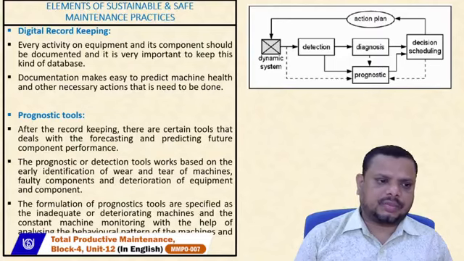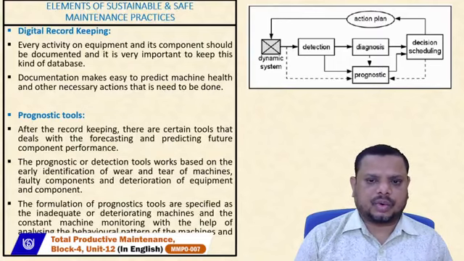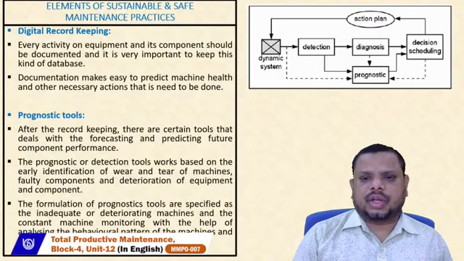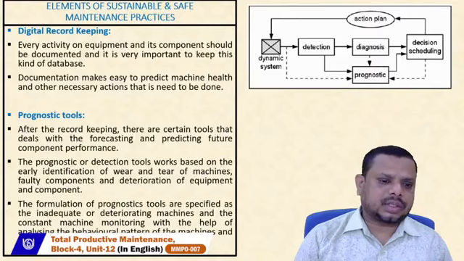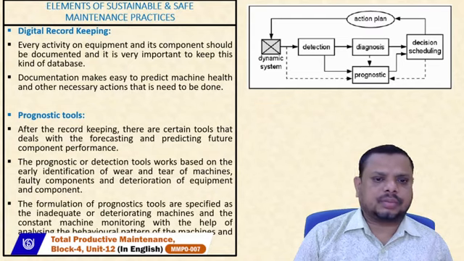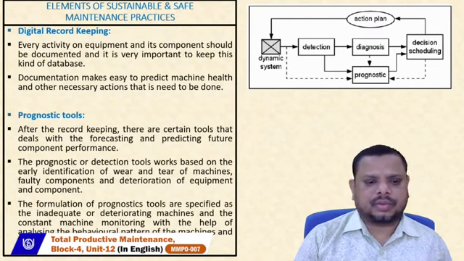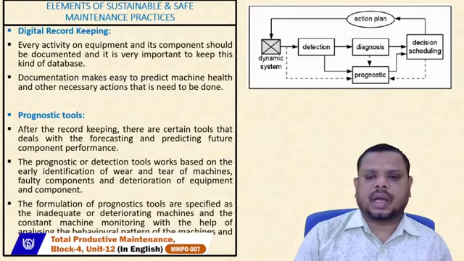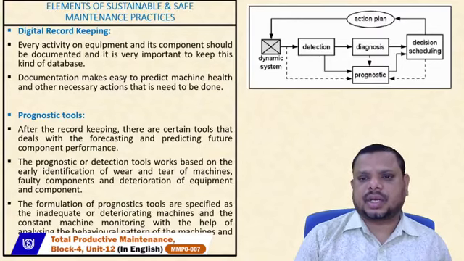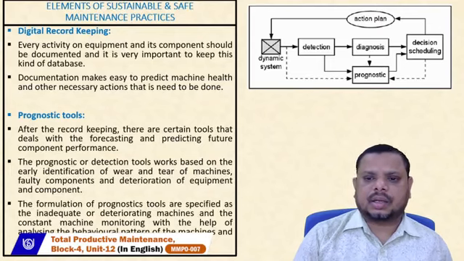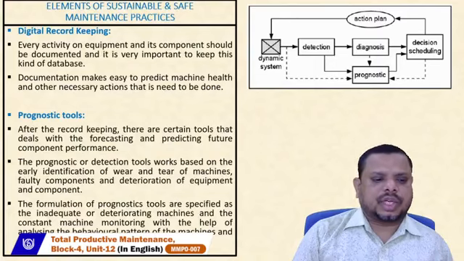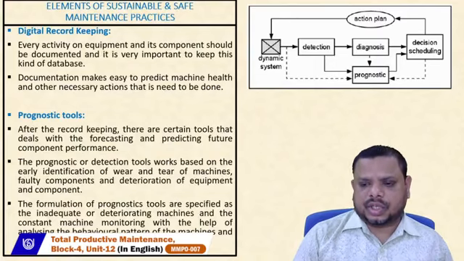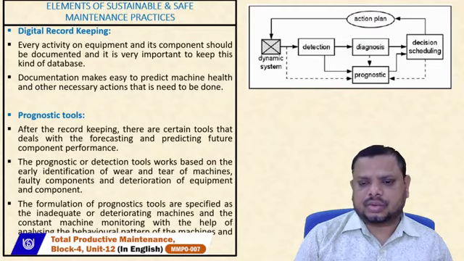So if you go for the summary of prognostics tools, if you observe this flow diagram, every organization has its dynamic systems, and each dynamic system consists of a number of machines and equipment. And during production and operation management, if you find any early identification of wear and tears, that should be properly diagnosed by the operators. And if required, you must go for prognostic tools, which are also known as identification tools.